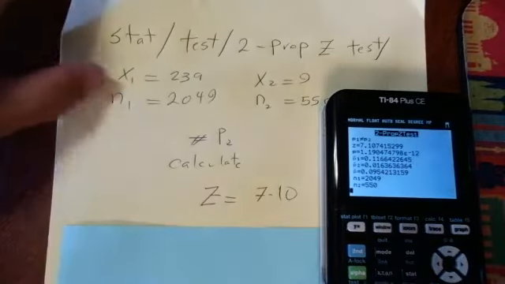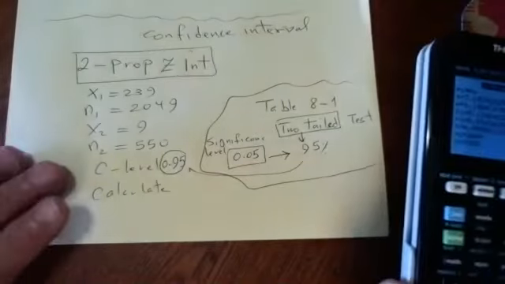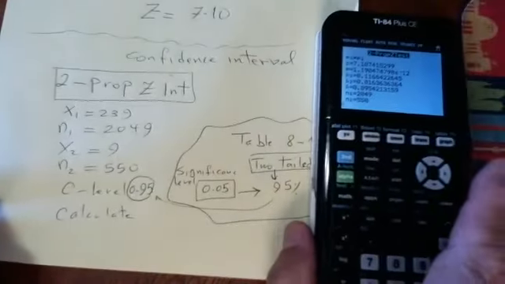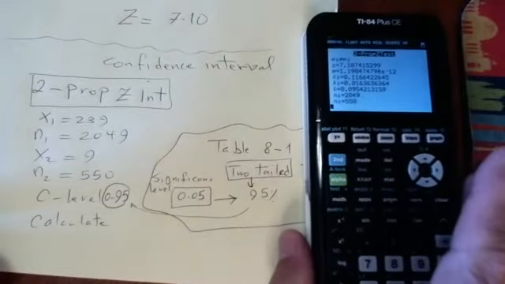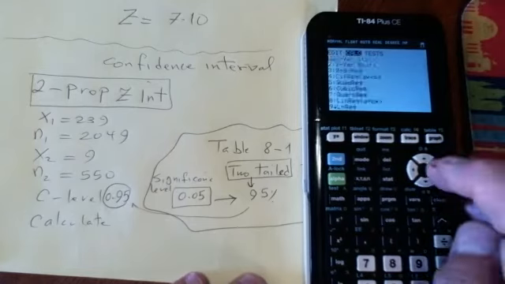Now, how do we calculate the confidence interval? To calculate the confidence interval, you go to stat, test again.